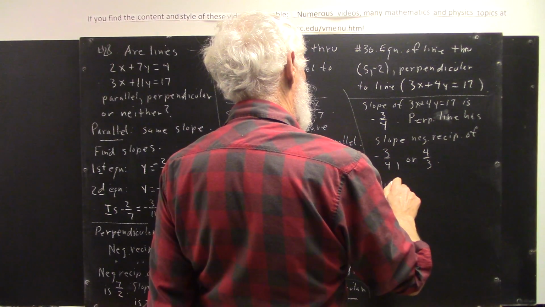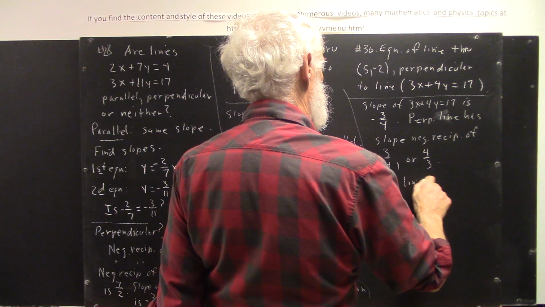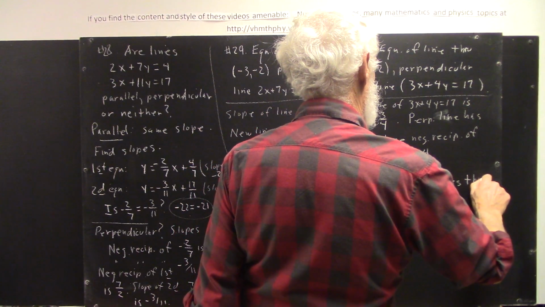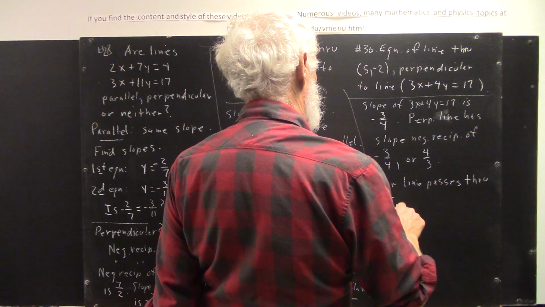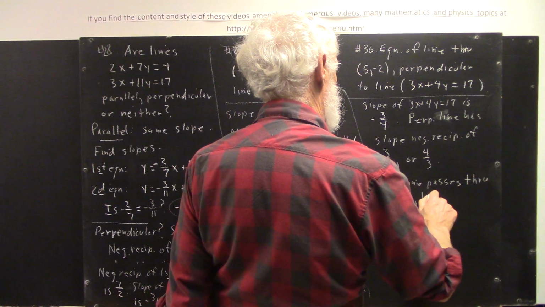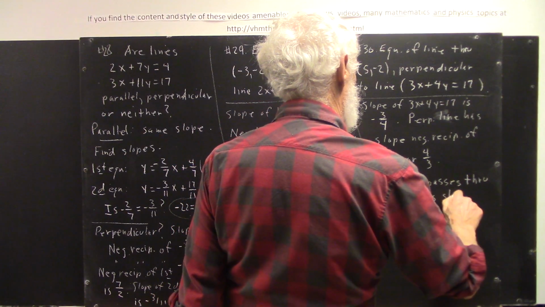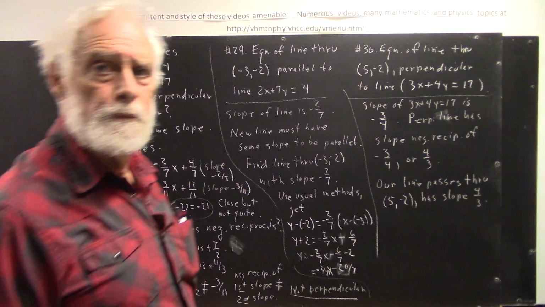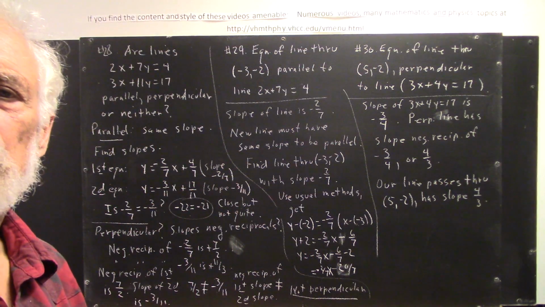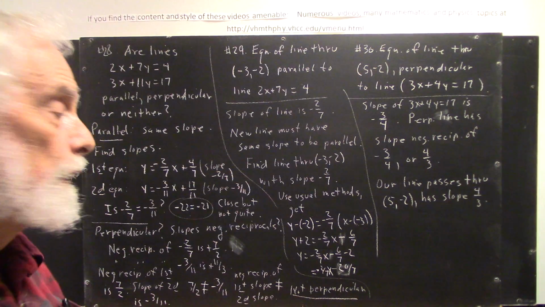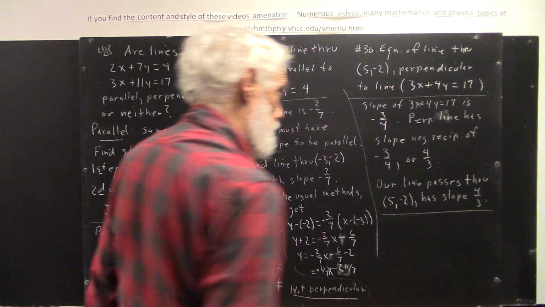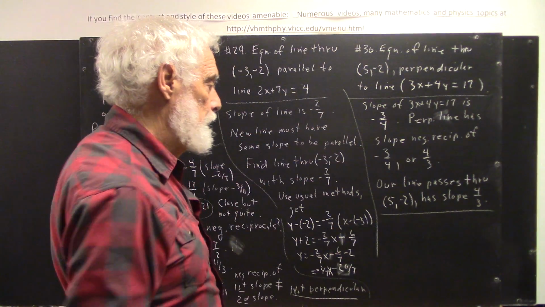So our line passes through 5, negative 2, and has slope 4/3. Now checking my time here. If we go over 15 minutes, it becomes a royal pain, but I think we have time.